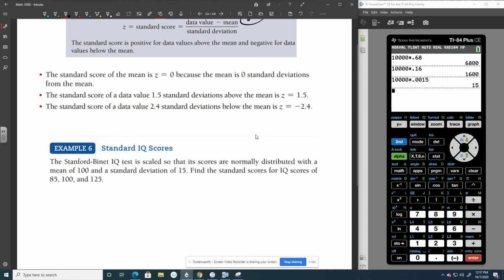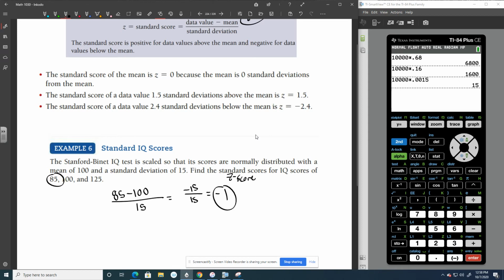Find the standard score, so find the z-score, for IQ scores of 85, 100, and 125. So I take my data value, 85, and I minus the 100, and then I divide by my standard deviation, which is 15. So this becomes -15 over 15, which becomes -1.